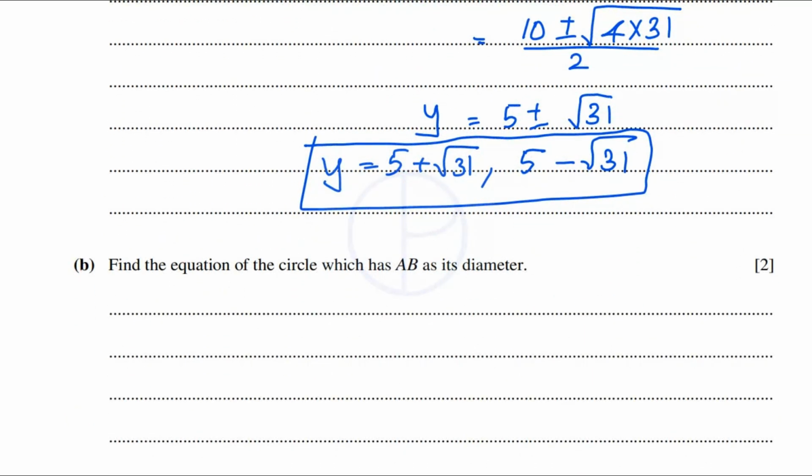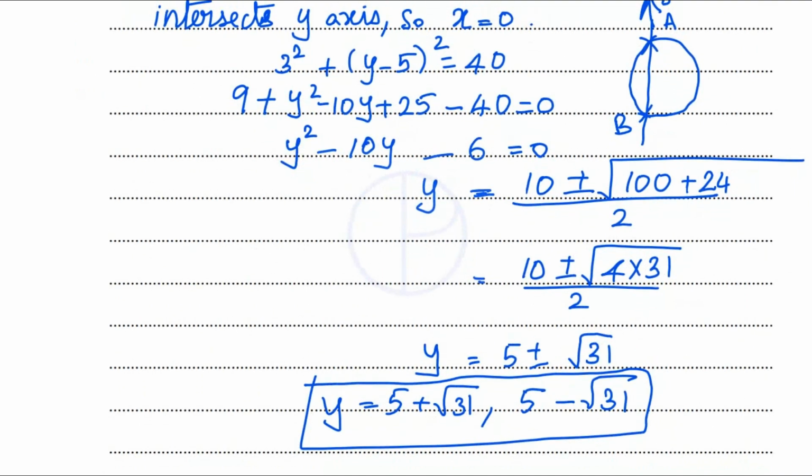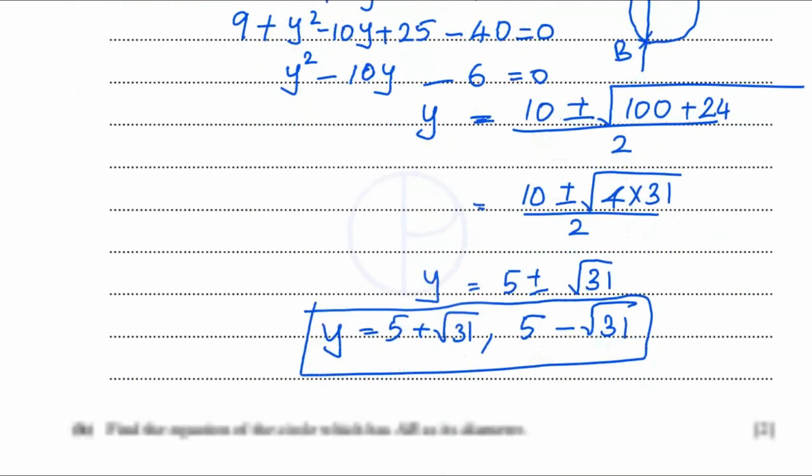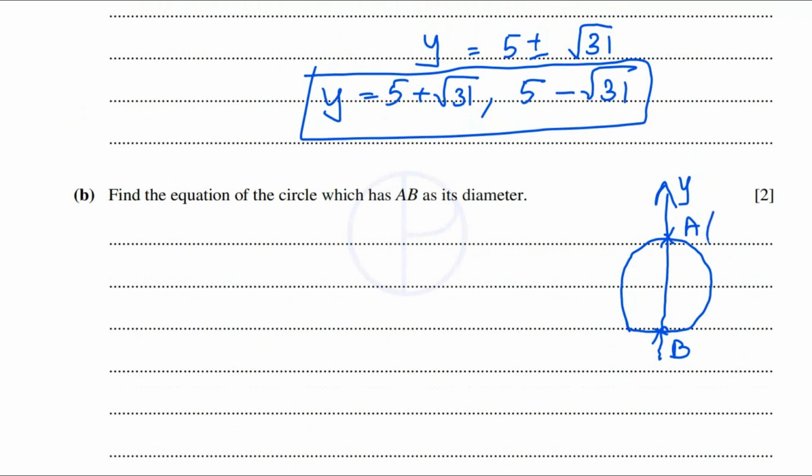The next part of the question is find the equation of the circle which has AB as its diameter. So it's given AB is the diameter of the circle. So that means the center of the circle is on the y-axis. And this is A and this is B. We know that x coordinate of A is 0.